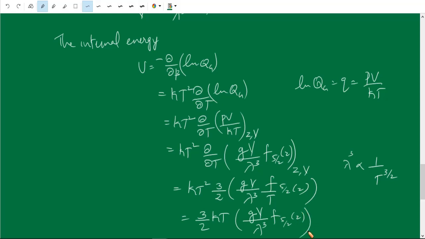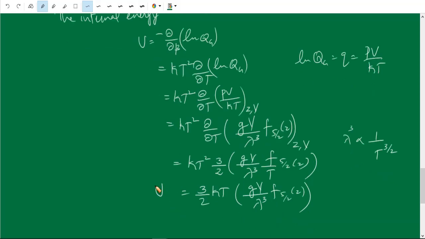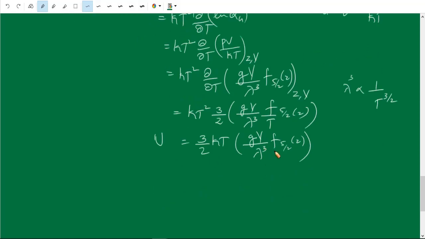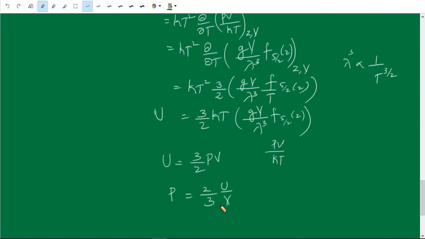This is the expression for the internal energy of the system. g V divided by lambda cube f 5 by 2 of z is PV divided by kT, so we can put it like this. U is equal to 3 divided by 2 kT, kT cancels, so remaining is 3 divided by 2 PV. This can be written as P equal to 2/3 of U divided by V.